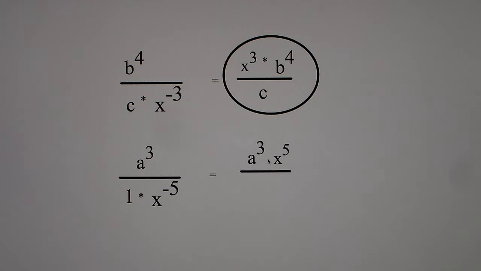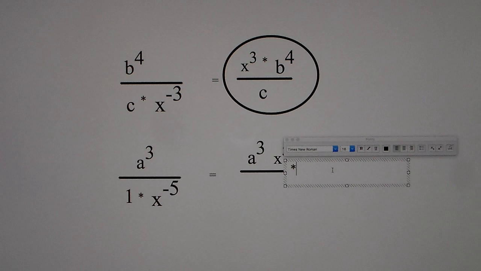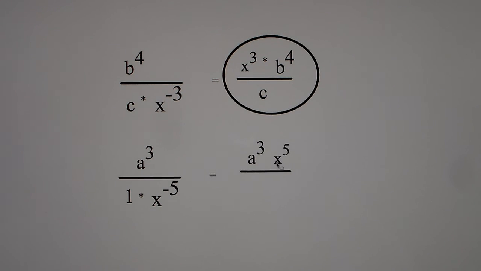So a to the third times, let's put a little times symbol in there, x to the fifth, divided by 1, which has an imaginary power of 1, so we just leave it there. So we have a to the third times x to the fifth divided by 1. And you know if you divide anything by 1, you can just take your numerator. So in fact, we don't even need the 1 or the division bar anymore. And that will be our answer: a to the third times x to the fifth.